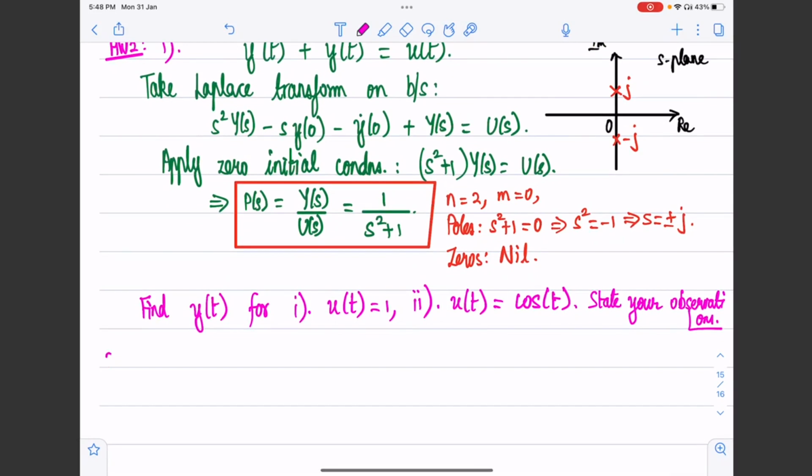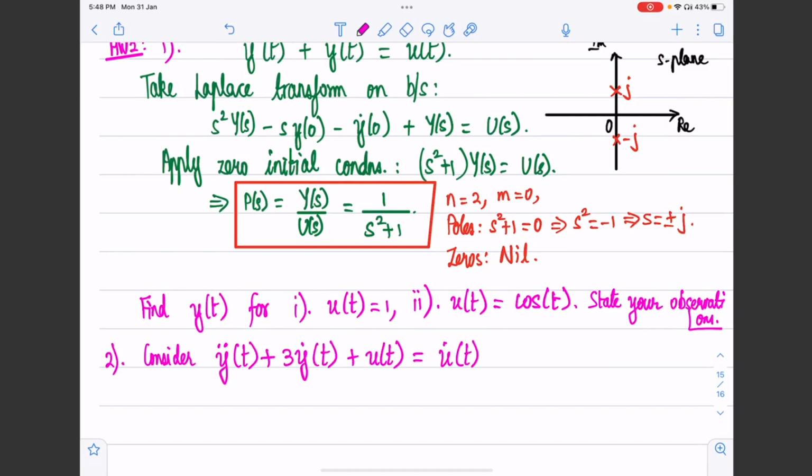The second problem is another exercise wherein we consider a second order system once again, whose governing equation is y double dot t plus 3y dot t plus y of t is equal to u dot of t plus 3u of t.